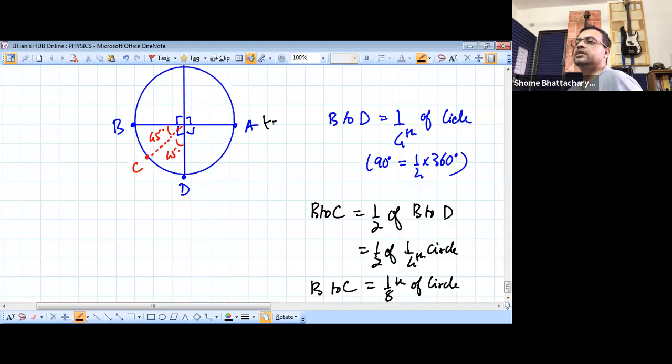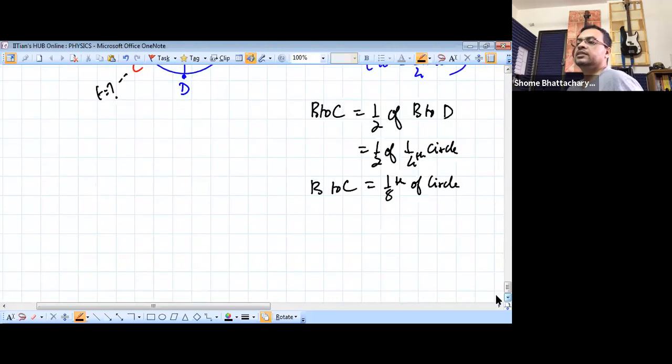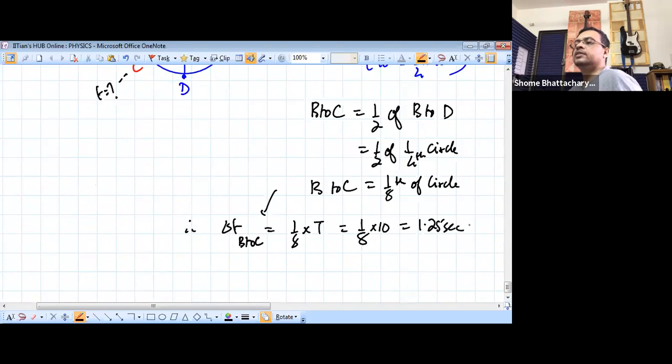Remember here it was at t equal to 0. Here it was at t equal to 5 seconds. Now here we have to find the time. So you can see that the time interval from B to C will be 1/8 of one time period. So that will become 1/8 of 10 seconds or 1.25 seconds.